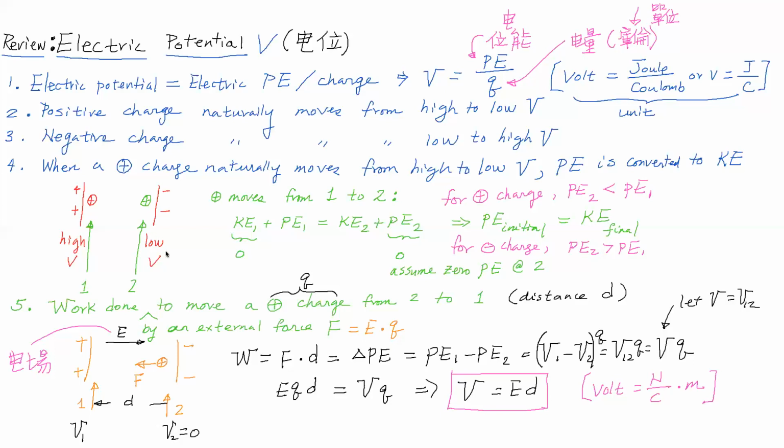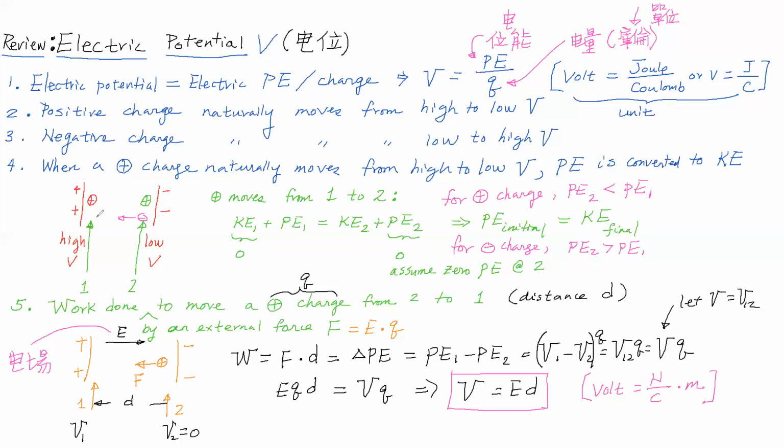But for the negative charge, negative charge is here. And for negative charge at this position, the potential energy is high. Potential energy, not potential. Potential is low, but potential energy is high. So it naturally goes to the left, and will go from high potential energy to low potential energy.